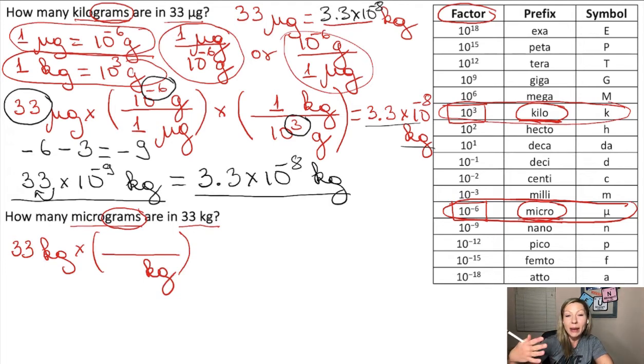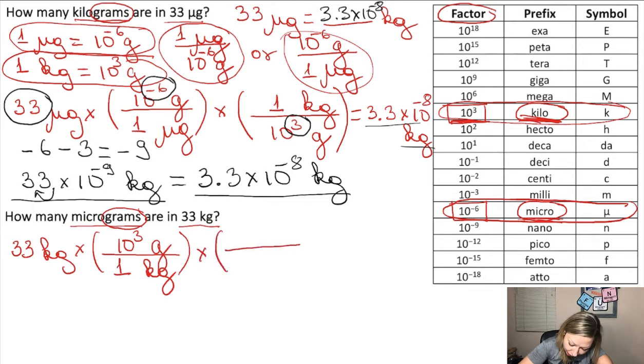Where will my grams go? On top. And how do I figure out the numbers? Well, I know that 1 kilogram is 10 to the third grams, so I just plug in the 1 and the 10 to the third right there. But now I am not at the end because I only got to grams, so now I have to cancel the grams to get to micrograms.